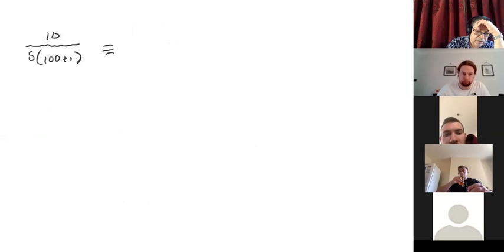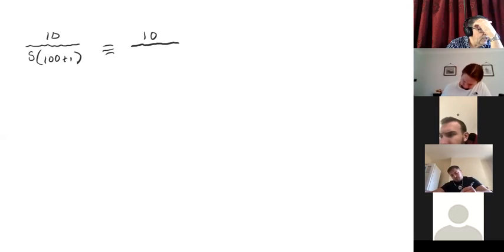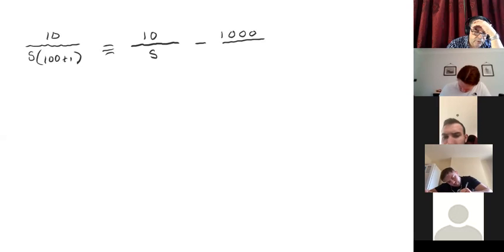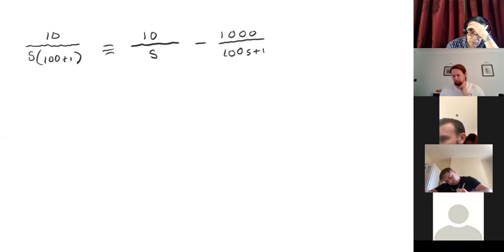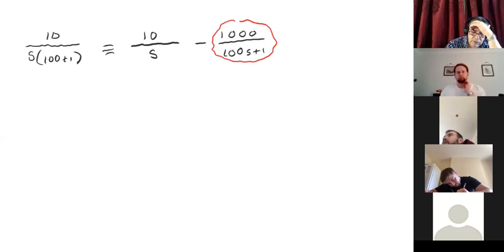So we can say that 10 over s(100s plus 1) is equal to A, which is 10, over s, and then B is minus, so we put the minus in there, 1,000 over 100s plus 1. What we now need to do is leave this alone, but simplify this bit so that s is on its own.